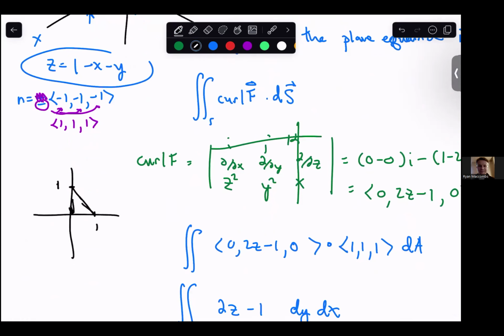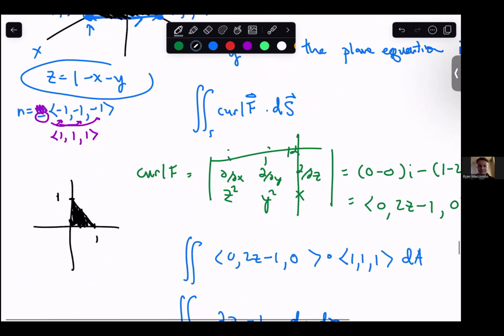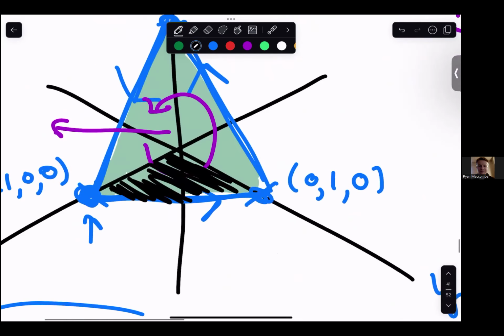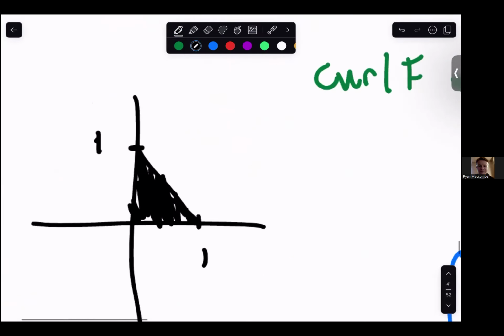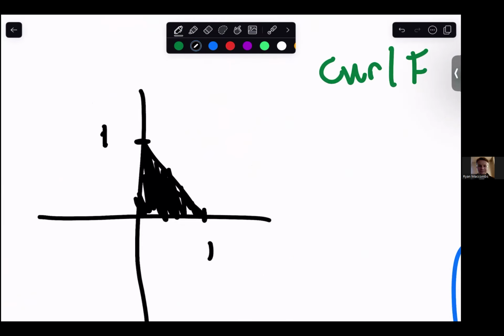Here is the point where x was 1, here is the point where y was 1, and I've smushed this down into the xy plane. So it's everything from the origin inside this triangle with an x-intercept of 1 and a y-intercept of 1. So something like this.